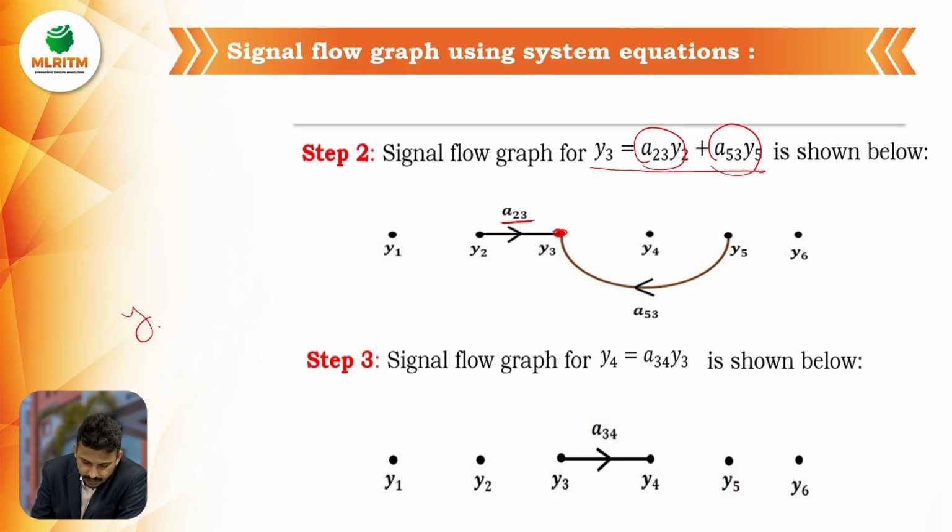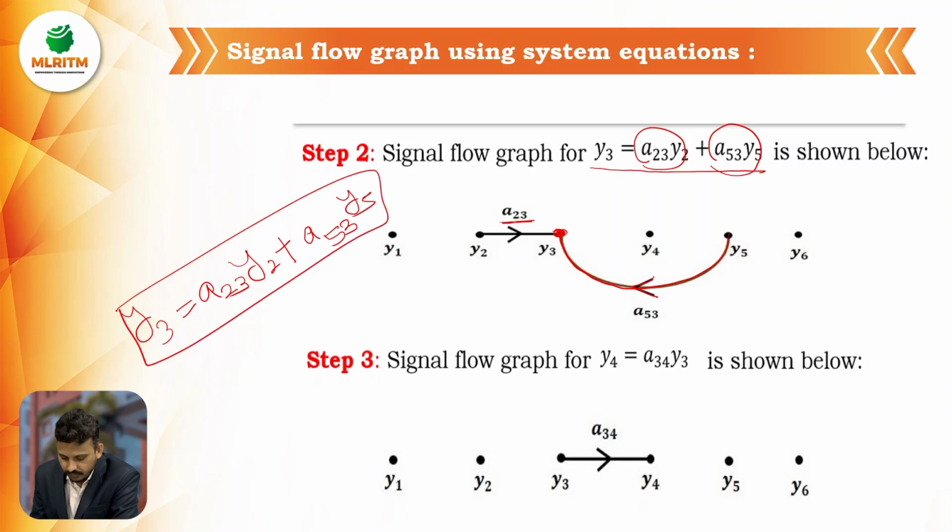So y3 is equal to a23 into y2 plus, and another signal is also entering here, that is y5 multiplied with the gain a53 into y5. That's it.